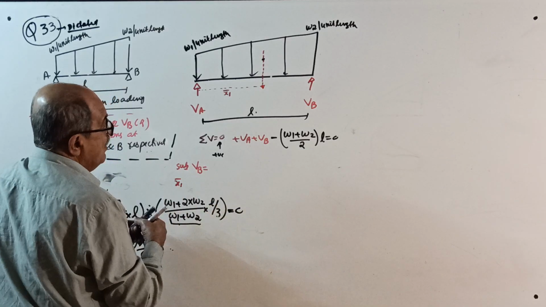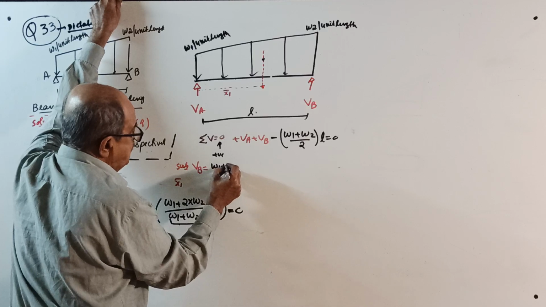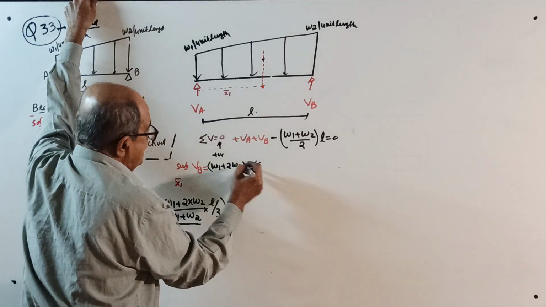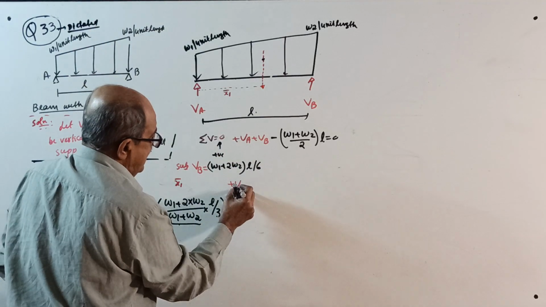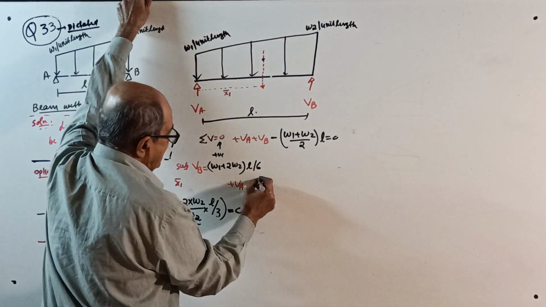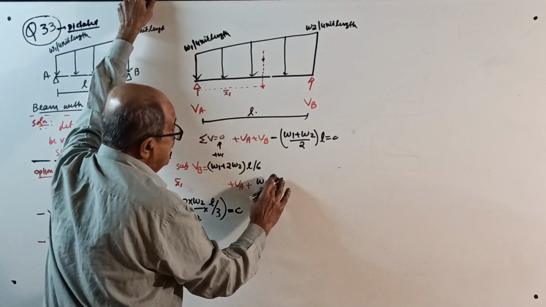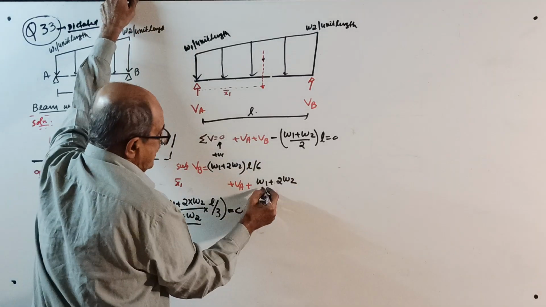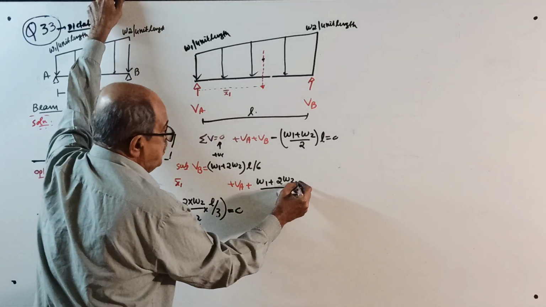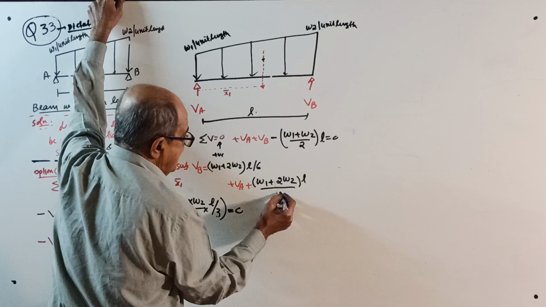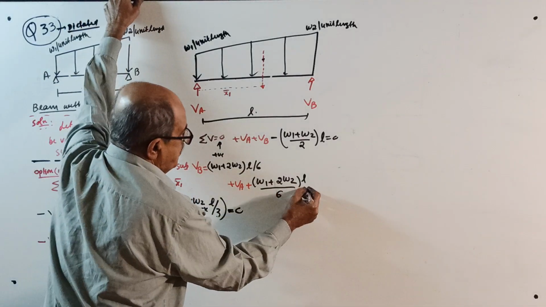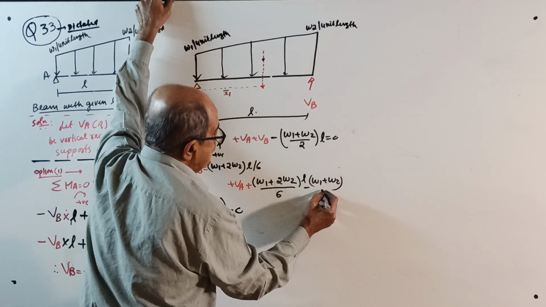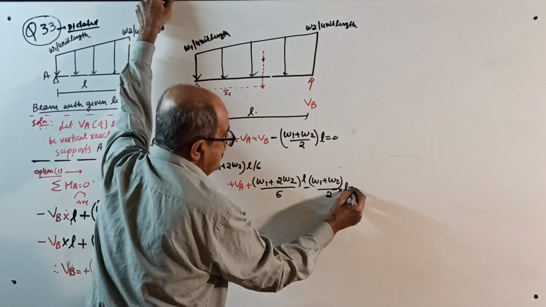We got VB, I like black color now because known, W1 plus 2W2 into L by 6, we will get plus VA plus W1 plus 2W2 divided by 6 into L minus W1 plus W2 divided by 2 into L equal to 0.